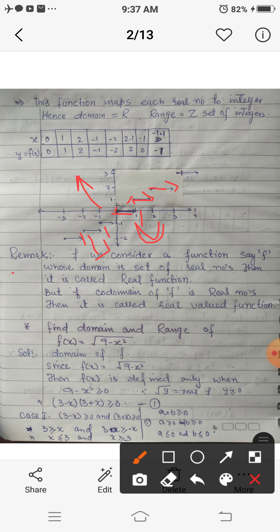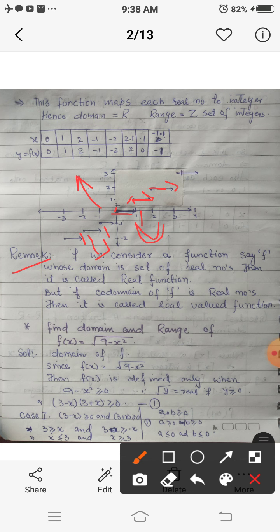Now here we have an important remark. If we consider a function whose domain is the set of real numbers, then we say that it is a real function. But if its codomain is also real numbers, we say that it is a real valued function. Real valued means whose codomain or image set is from the set of real numbers, while if only the domain is a real set, then it is a real function.